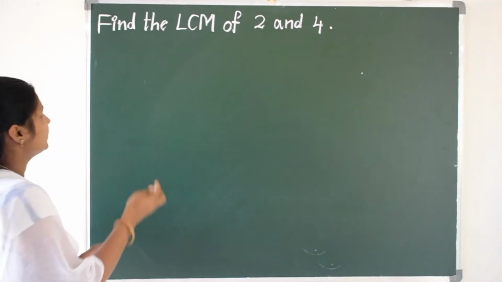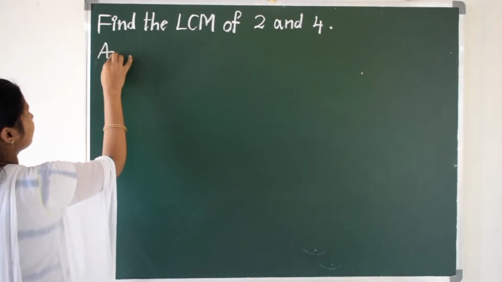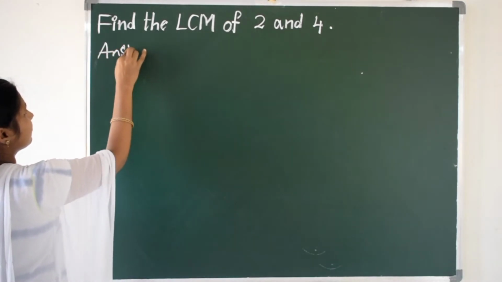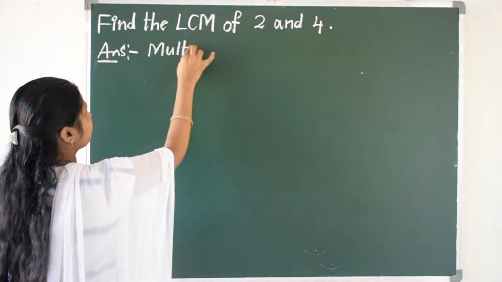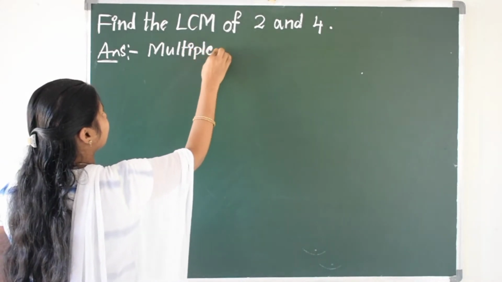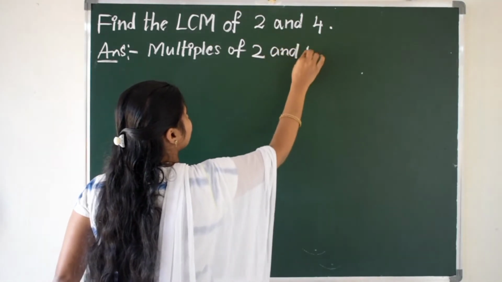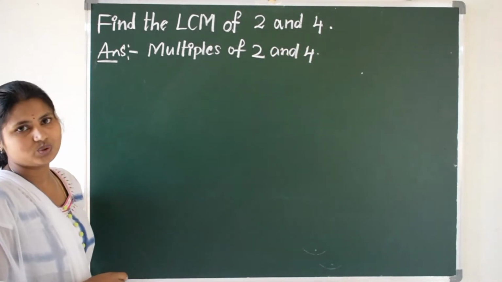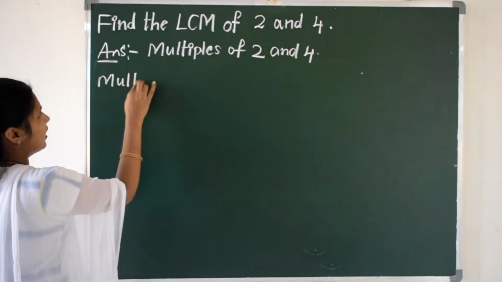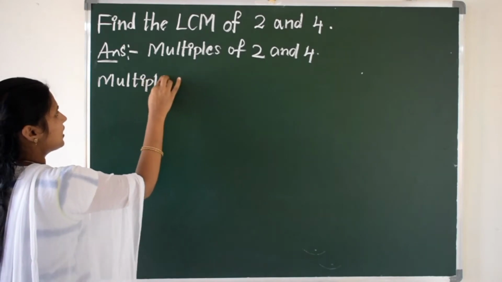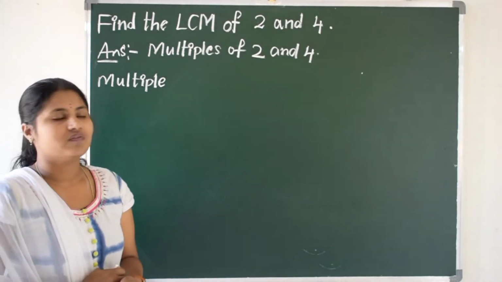Okay, let us do it here. First write the multiples of 2 and 4. What are the multiples of 2? Already we have discussed multiples in the last class. If you are confused, please watch that video.